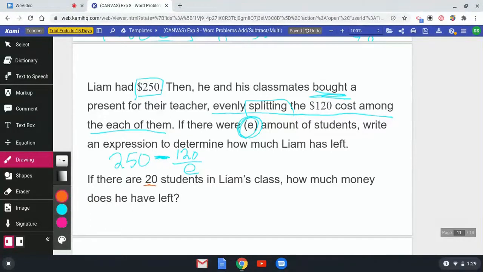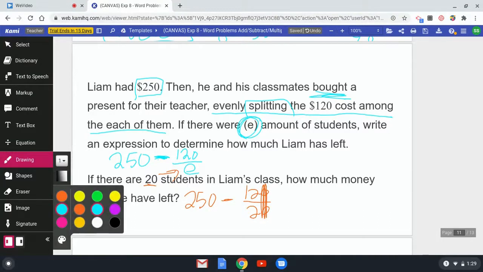If there are 20 students in Liam's class, how much money does he have left? So let's see. He would take his $250 and minus his share, 120, divided by 20. Zeros on the end on top of each other cancel out. And do we know 12 divided by 2?